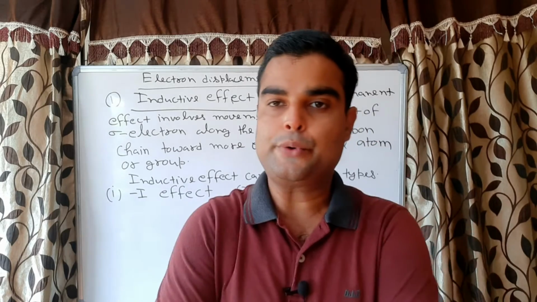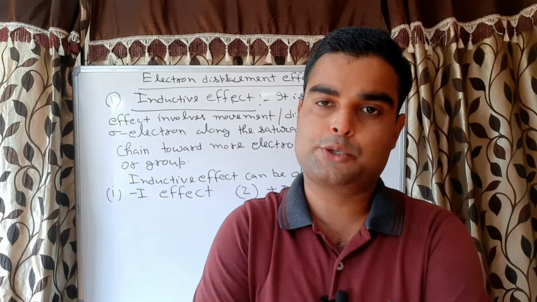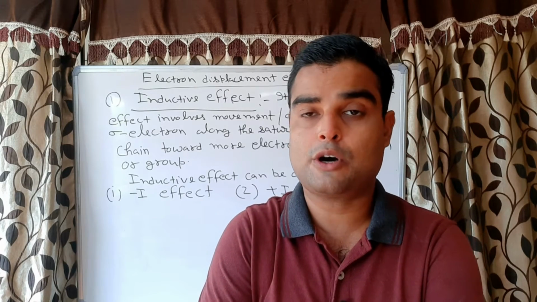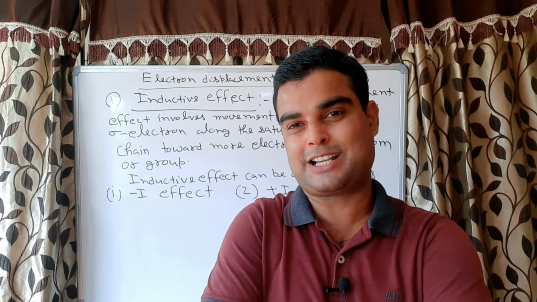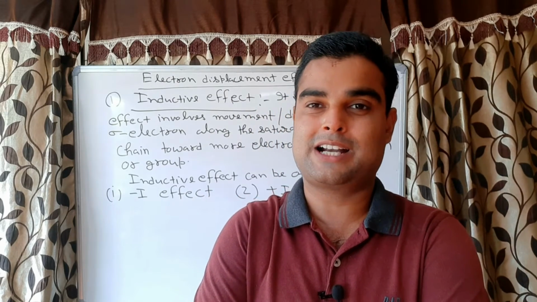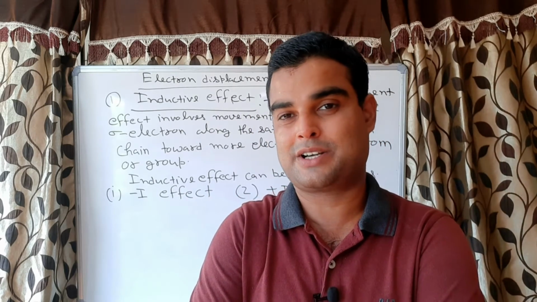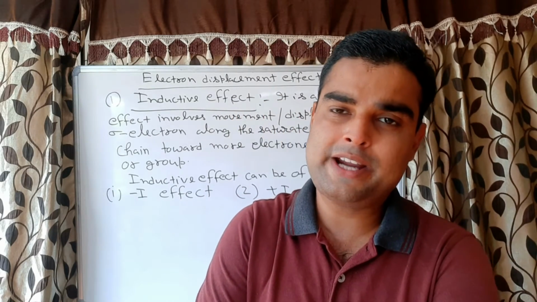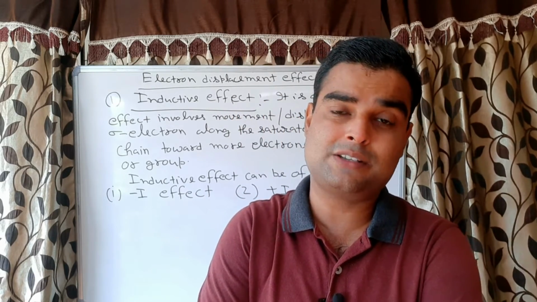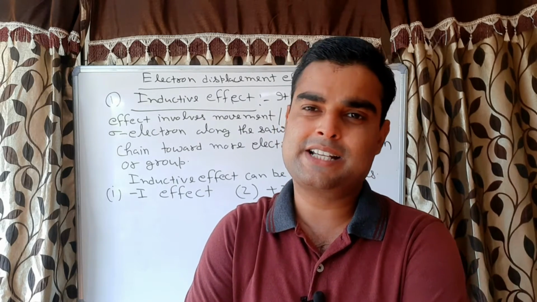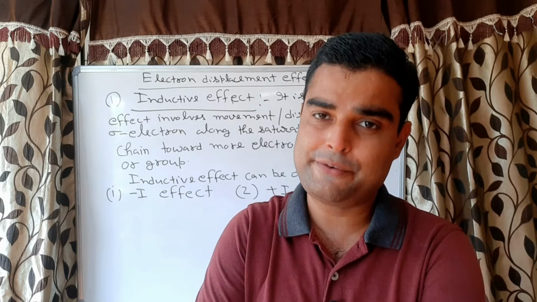As I told you, atoms or groups are attached to the saturated carbon chain. Now, if atoms or groups are withdrawing the sigma electrons along the saturated carbon chain towards themselves, then they are said to have minus I effect.